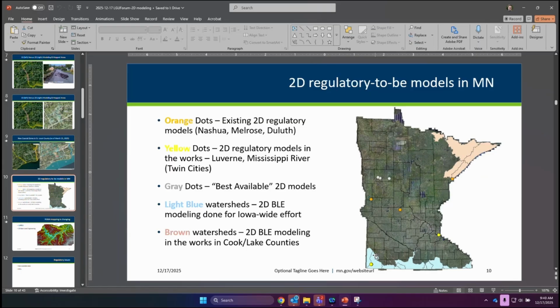We'll get into a little bit later how to determine if something is the best available or not. And then the brown watersheds up in the Arrowhead are 2D models that are in the works. FEMA's contractor is working through a study to develop 2D models for these four HUC 8 watersheds in the Arrowhead.